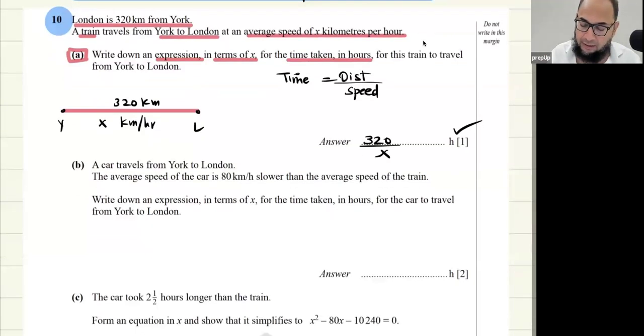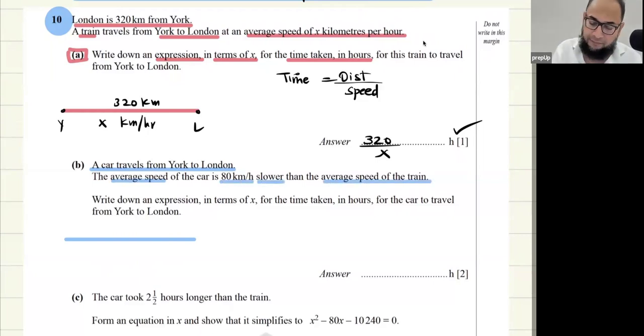Now it says a car. So first we are talking about a train. Now we are talking about a car. A car travels from York to London. So again, it's York to London. And the average speed of the car is 80 kilometers per hour slower than the average speed of the train. That means if the speed of train is x, the speed of car will be x minus 80 kilometers per hour.